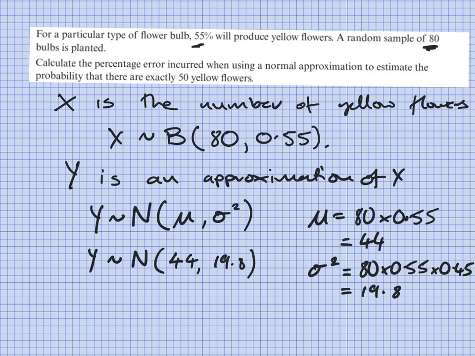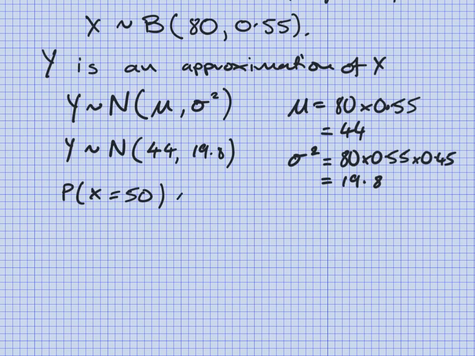We're asked to find the probability that there's exactly 50 flowers. So the probability that x equals 50 is approximately the same as the probability that, okay, we need to do some continuity correcting here.